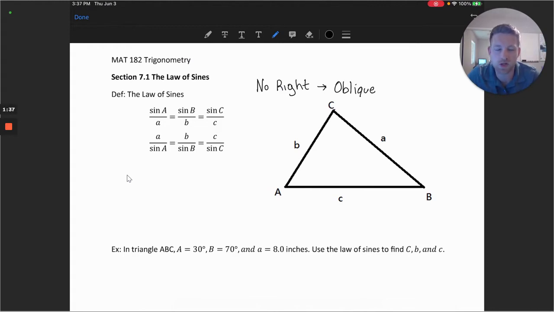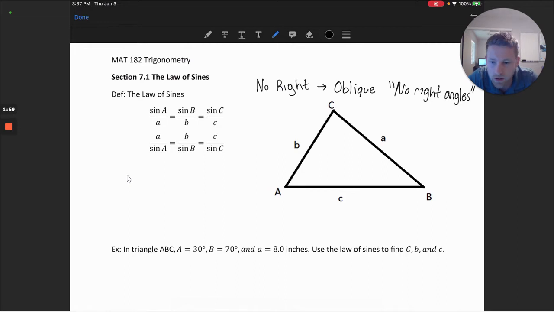It's close to the word obtuse, but it means something different. Oblique just means no right angles. So we can remember the word oblique, and we can use the law of sines with the oblique triangle.